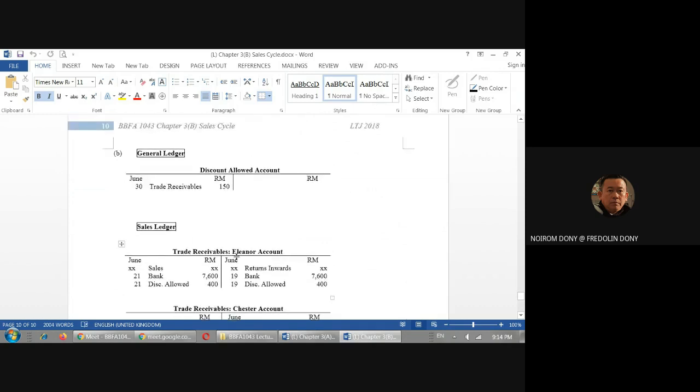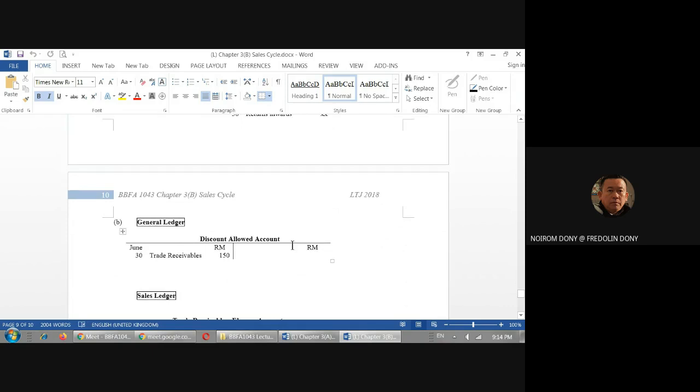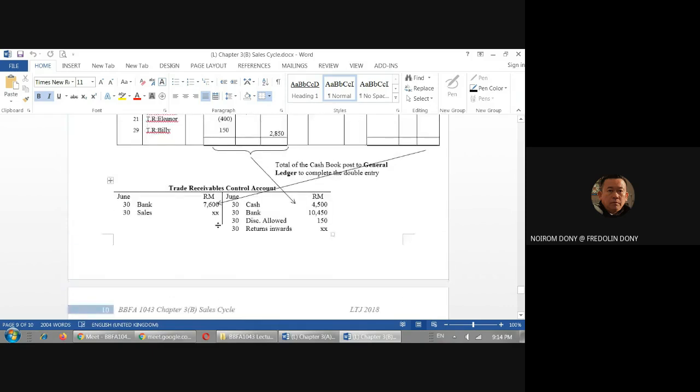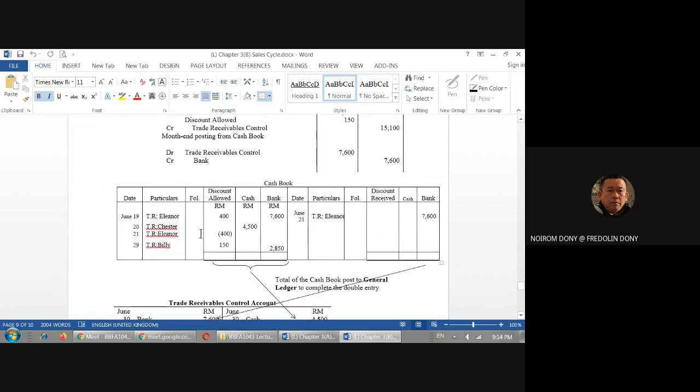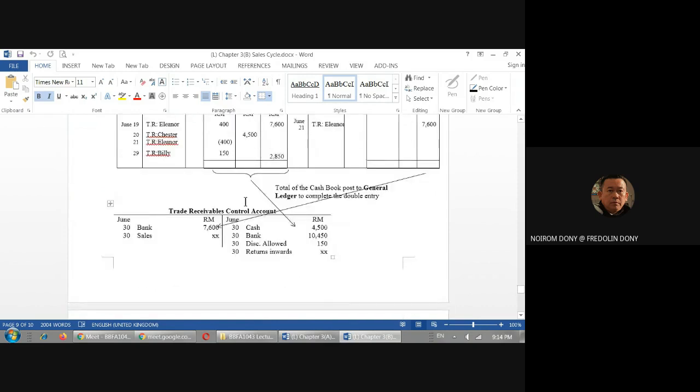After doing the posting in the sales ledger, we do the second step, that is opening the trade receivable control account and discount allowed account. First thing, total it.